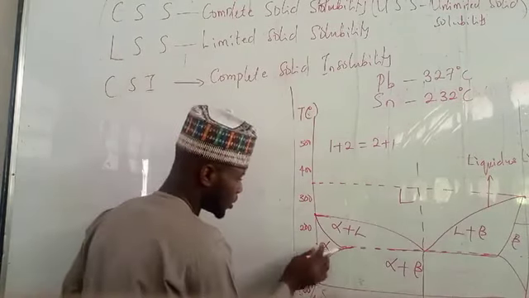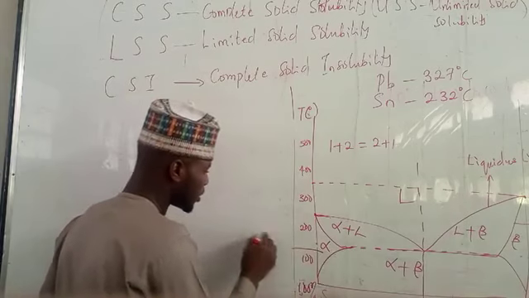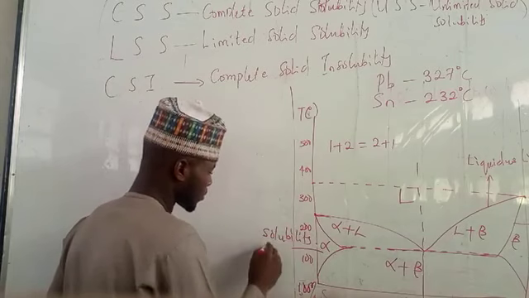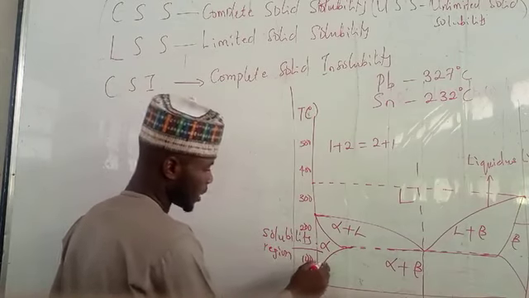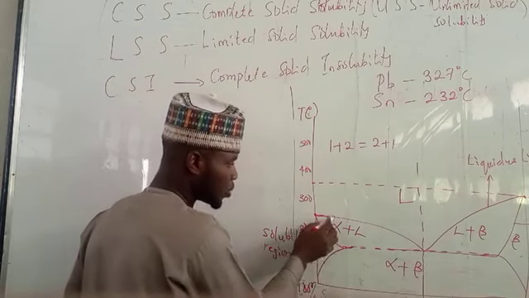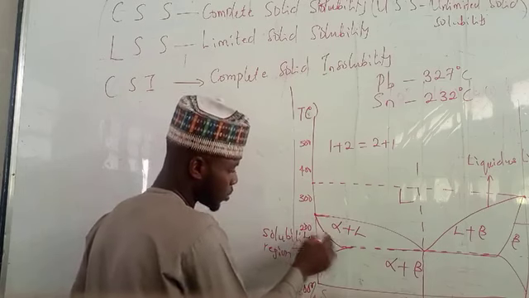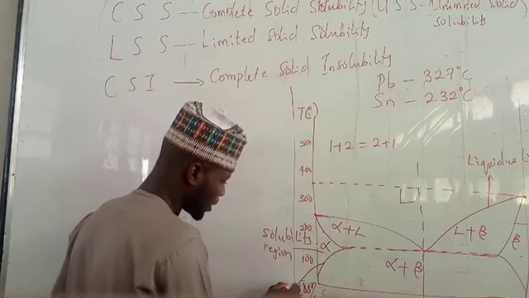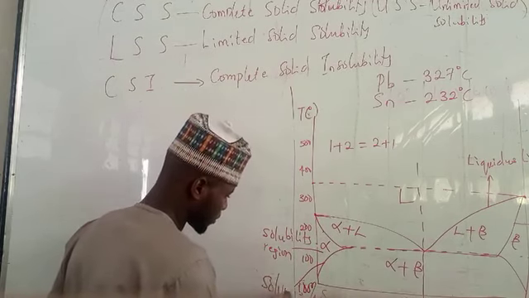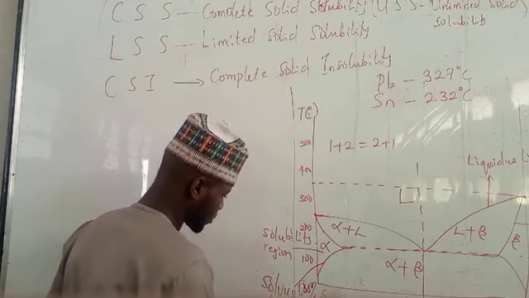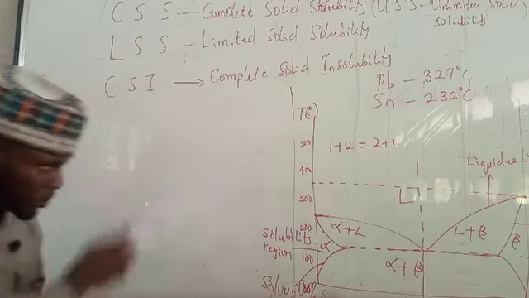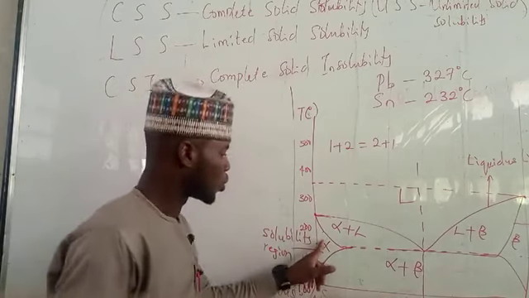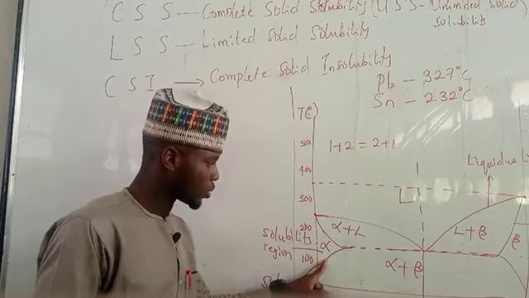Then this region is the solubility region. Then this other line is the liquidus line, this one is the solidus line. This line is the solvus line. This is the liquidus line, solidus line, solubility region, and the solvus line.